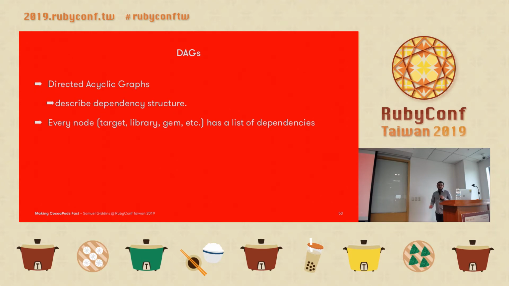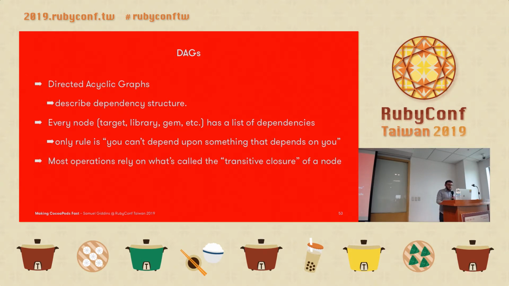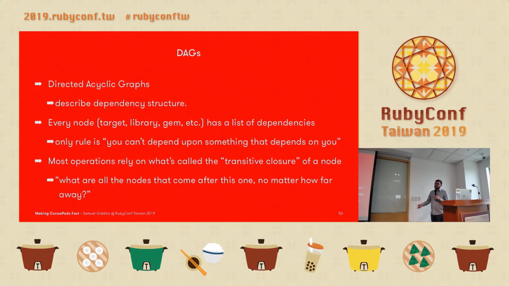So every node has a list of dependencies, and there's just one rule, which is you can't depend on something that depends on you. And most operations rely on a fancy property called the transitive closure of a node, which is what are all the things that I can reach from this node, no matter how many steps it takes me to get there.